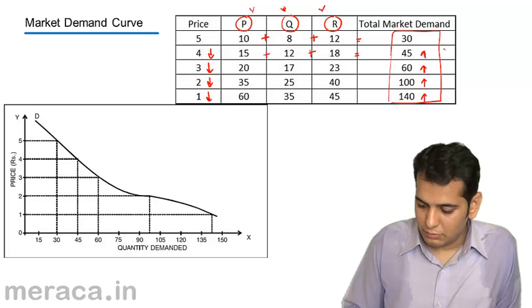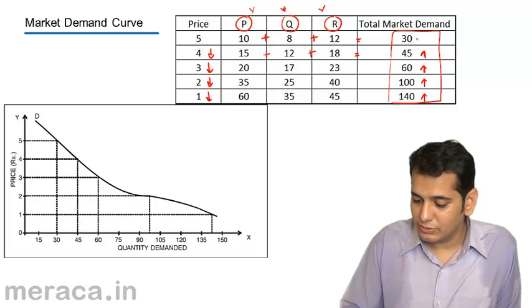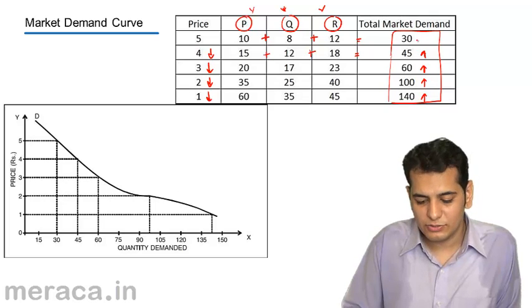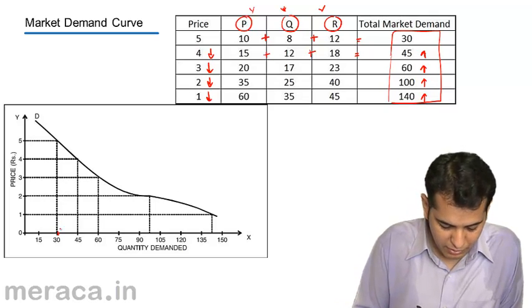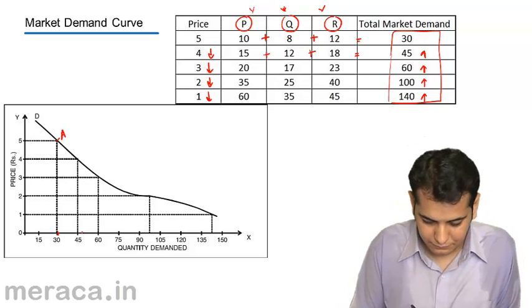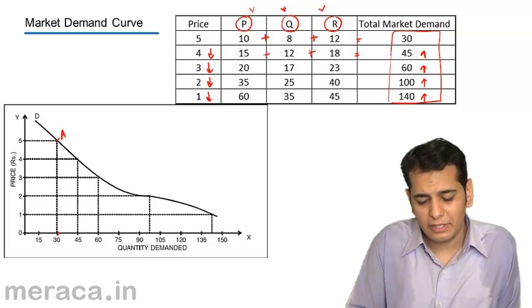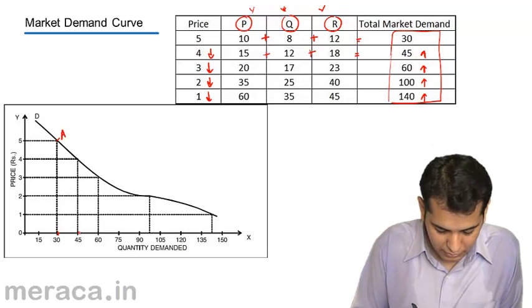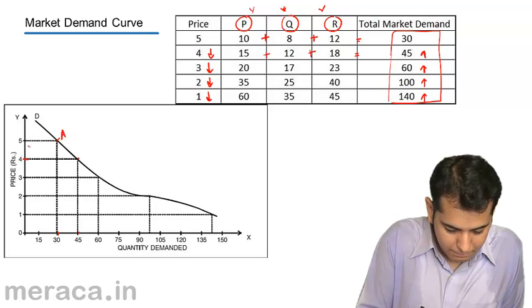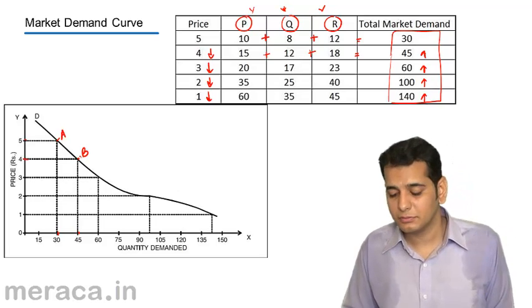So, point A is when the market demand is 30 and the price is 5. Point B will be when the demand is 45 and price is 4. So we plot the point B here.